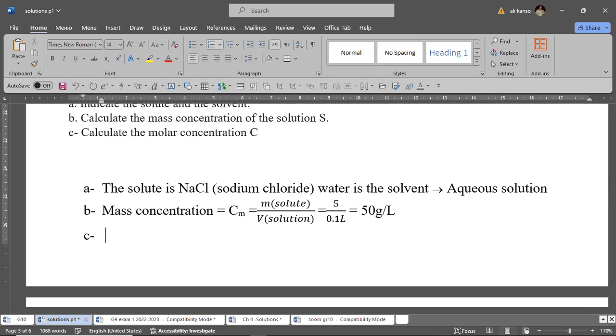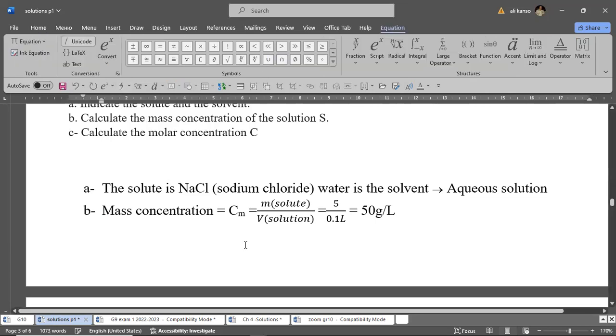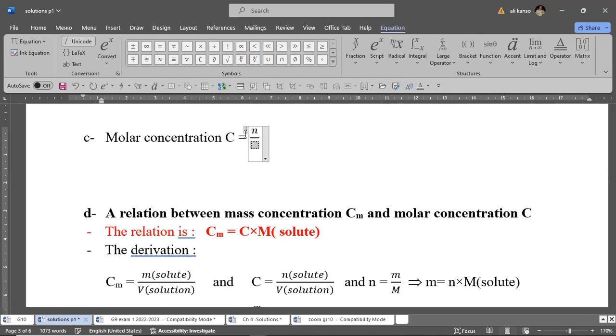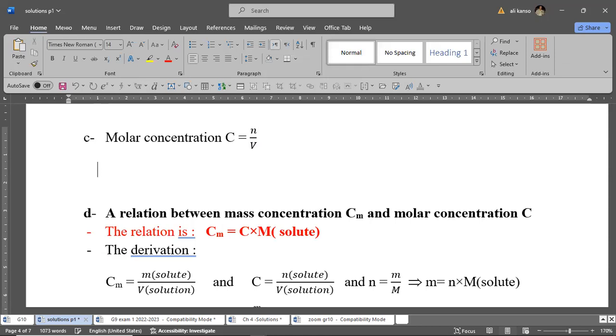Molar concentration C is equal to N over V, N divided by V, but we don't have N. We still have V, but we don't have N. How can we find it? If you have the mass of NaCl, which is 5 grams, how can you change it into the number of moles of NaCl?